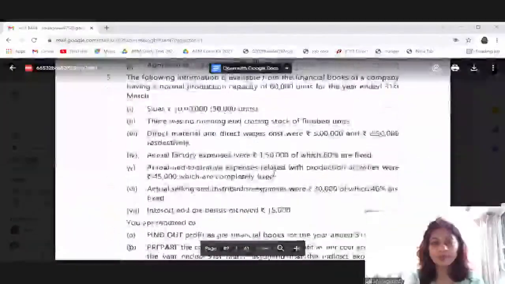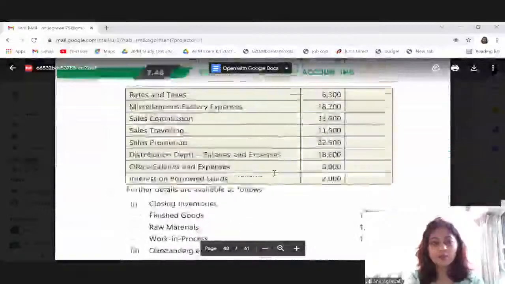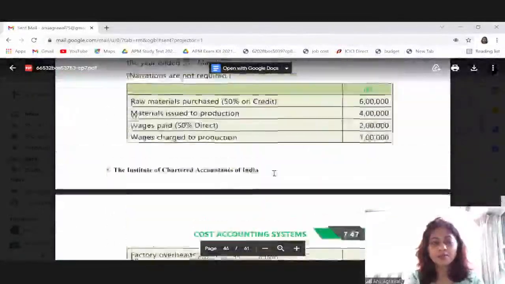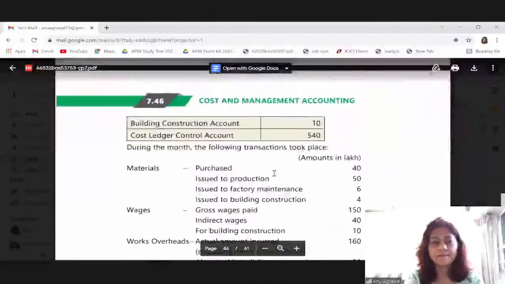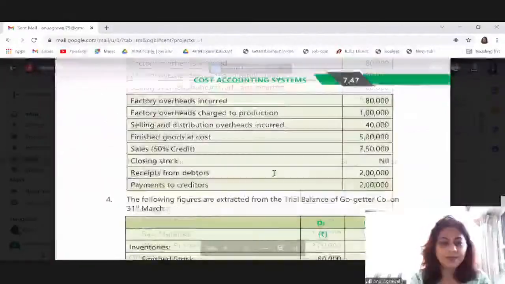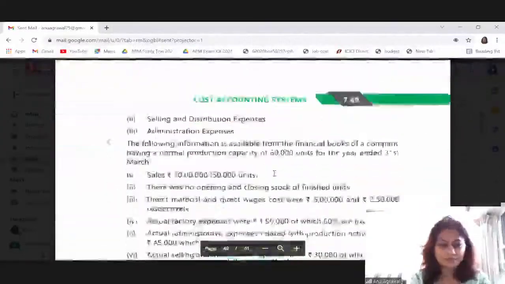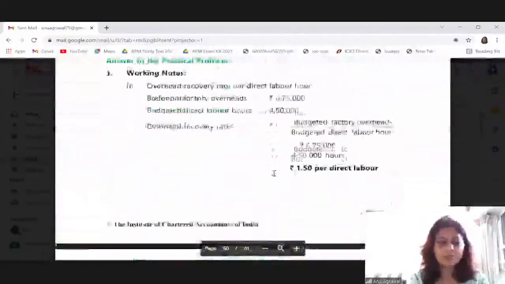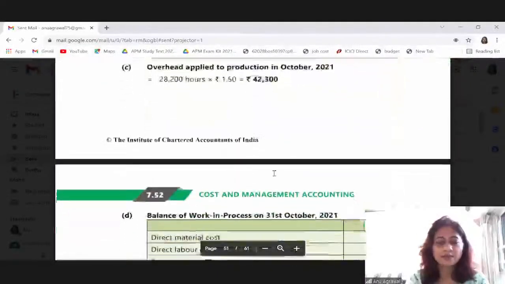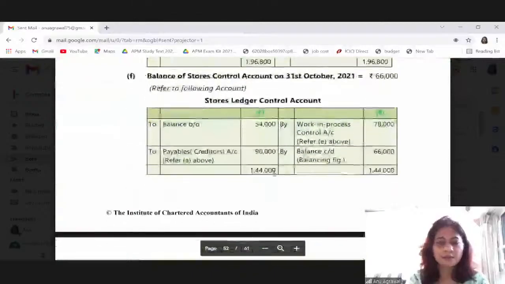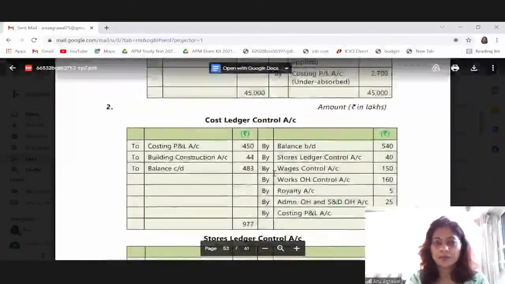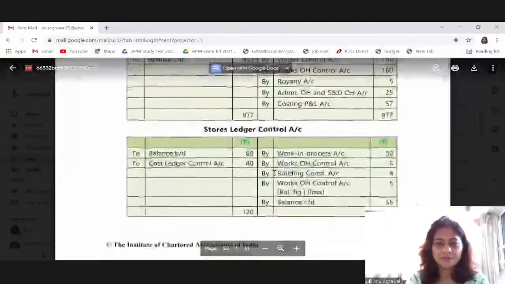It was practical question 2, right? Yes. So the answers begin, so these are working notes. Question number 2.